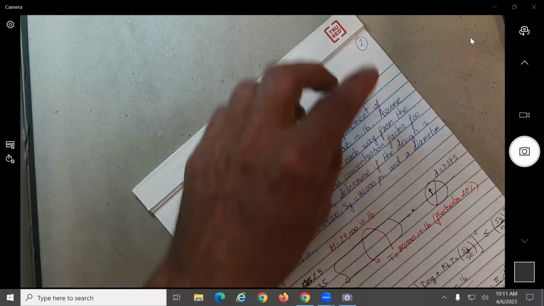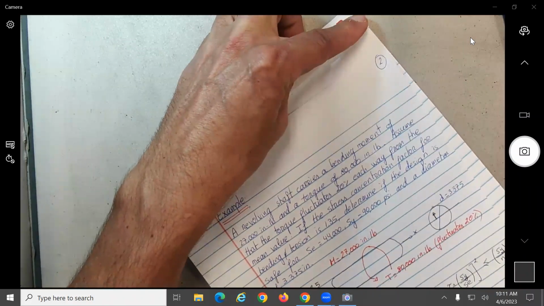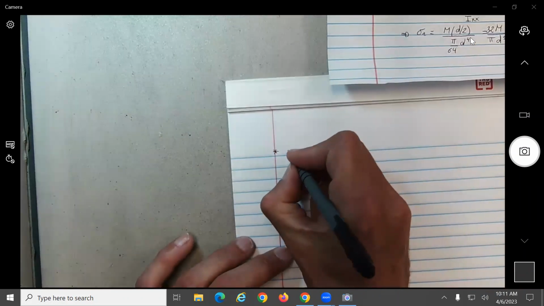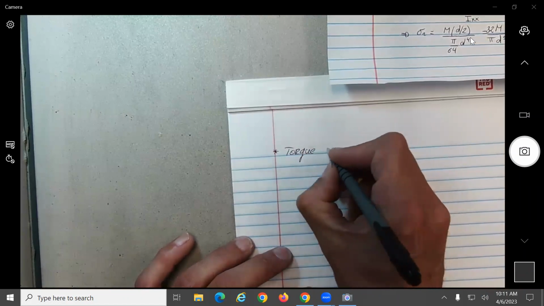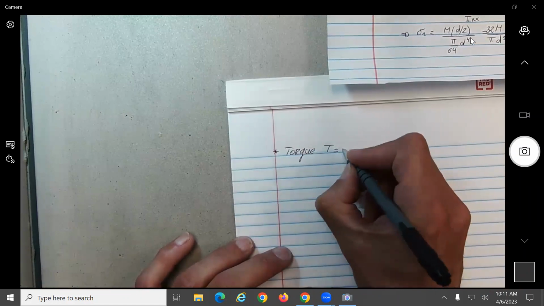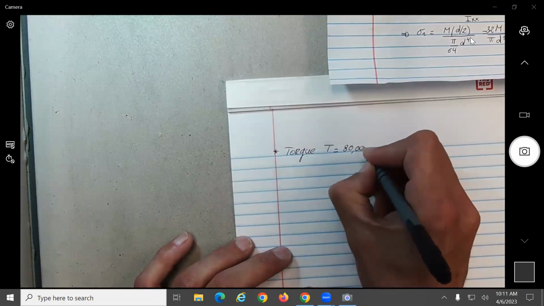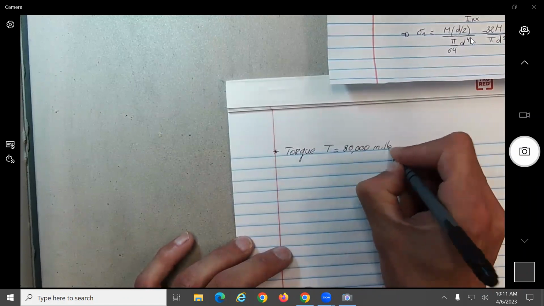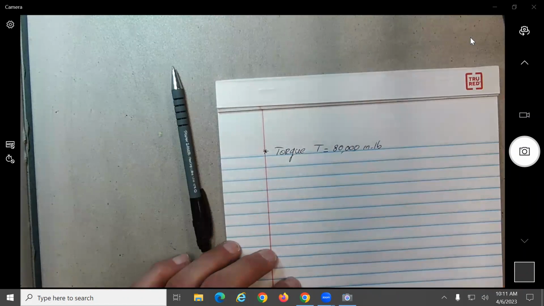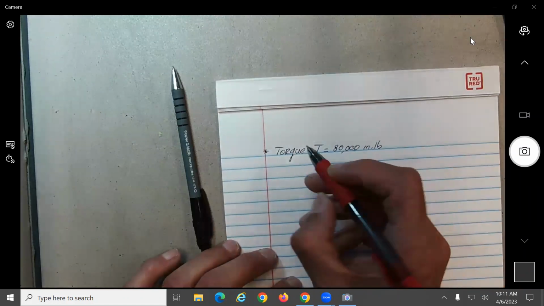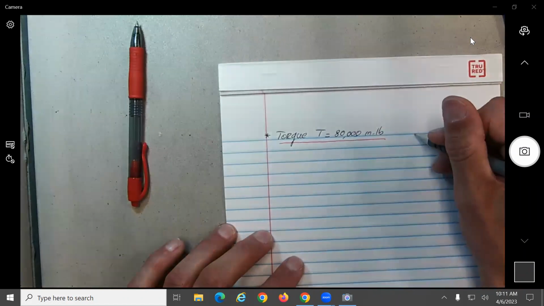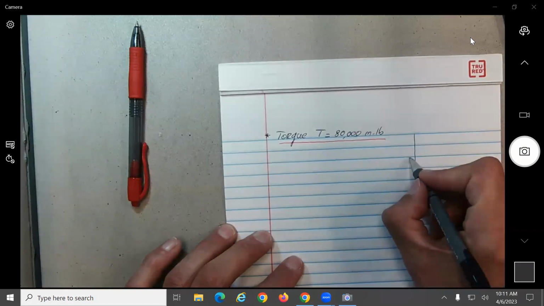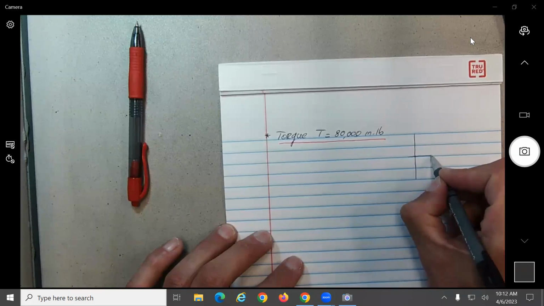So now let's look at this. Maybe we can do a figure. Basically now we're going to look at the torque, which is T equal to 80,000.